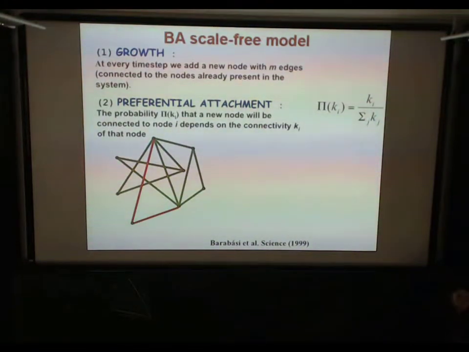So one node and two links. And these two links choose the target node with a probability that is proportional to the degree of the node that is chosen. So the BBC will receive more links because it's a very important website.